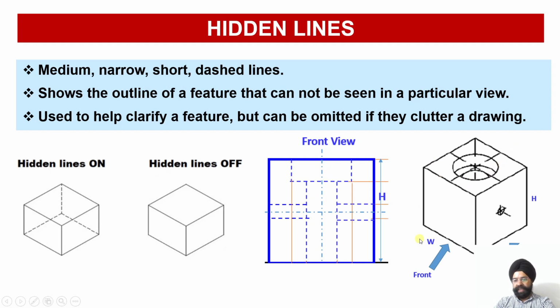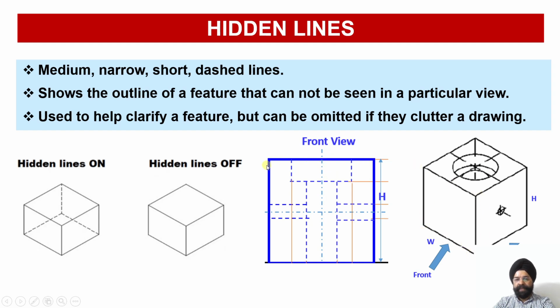You can see this is again a cube block into which there is a hole for the bolt head, and then the bottom hole is there for the bolt shank. If I have to draw the diagram, this is my front view. This is the size of the cube, or the outline, which I am going to draw dark.